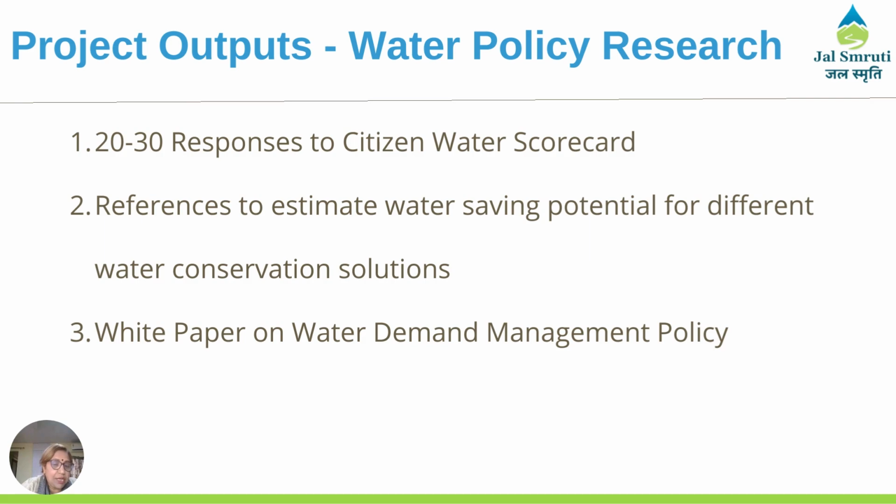So the idea would be to see what others have quoted from the experience of putting in place a water conservation solution, how much water they were able to save. That reference is what you're going to use to make your assumptions about the water saving potential from different water conservation solutions.